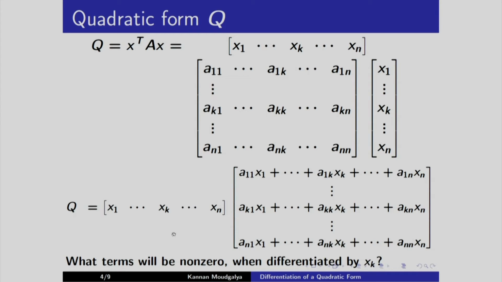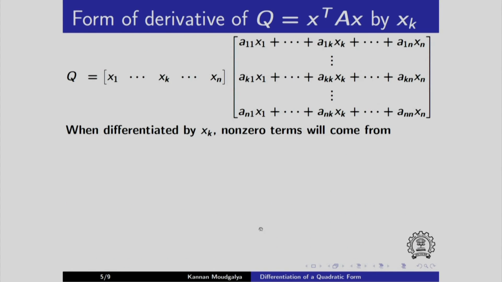What terms will be non-zero when differentiated by xk? So let us start with the same expression. When differentiated by xk, non-zero terms will come from the following. Notice that in every row, xk comes in only one term of these n terms, except in the kth row.